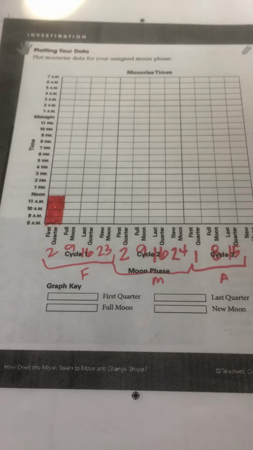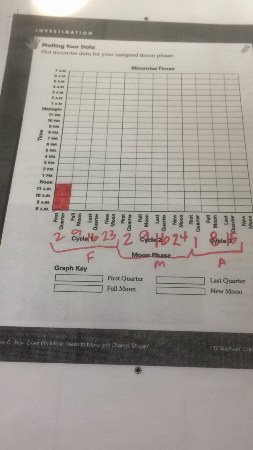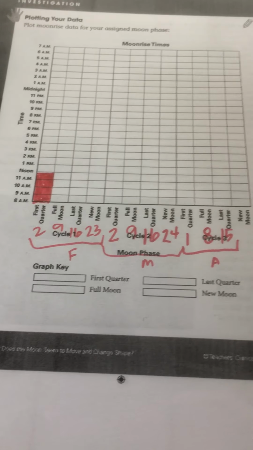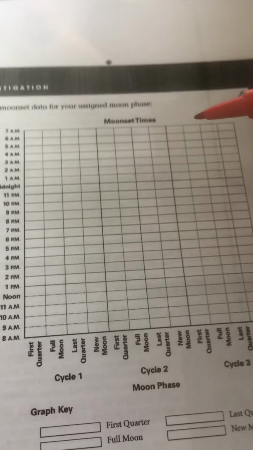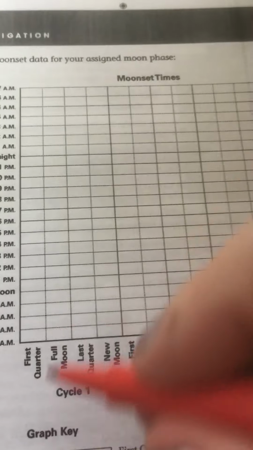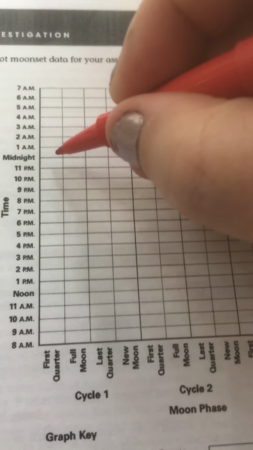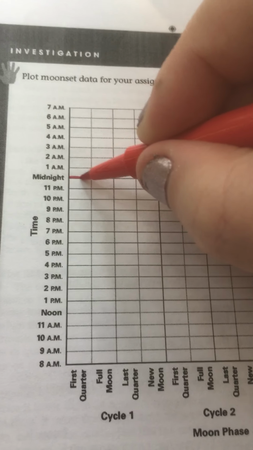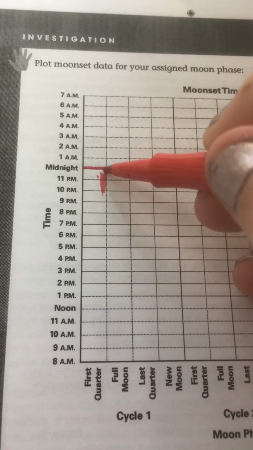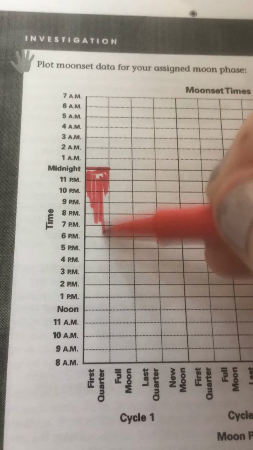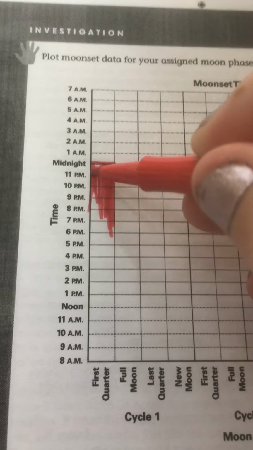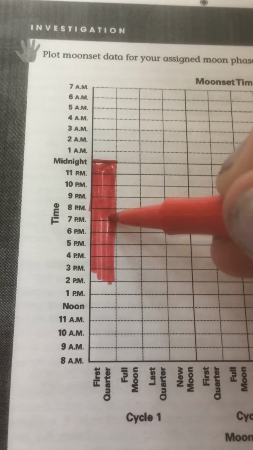Okay, and then the moon set time was 12:04 a.m., which is just about midnight. So on the moon set times, first quarter, we're going to do right about midnight. And then you're going to shade this all in.